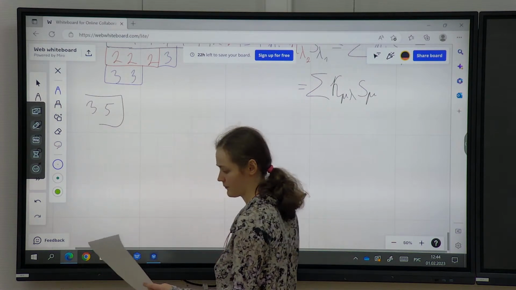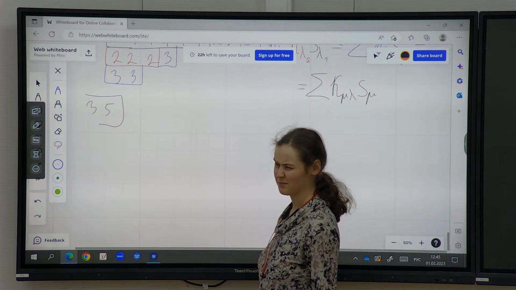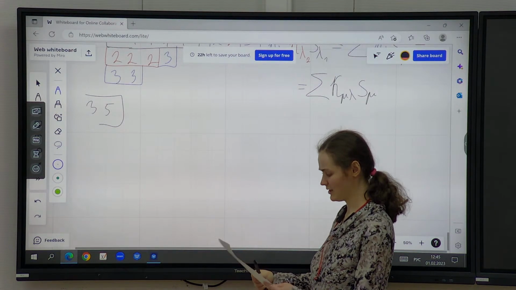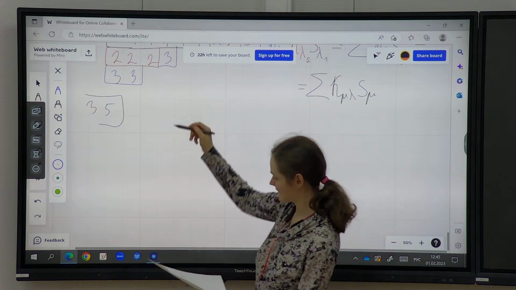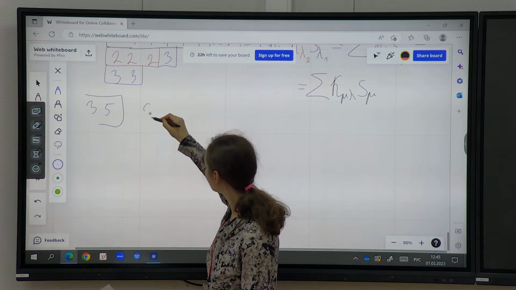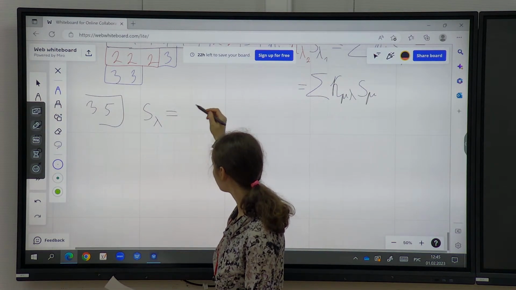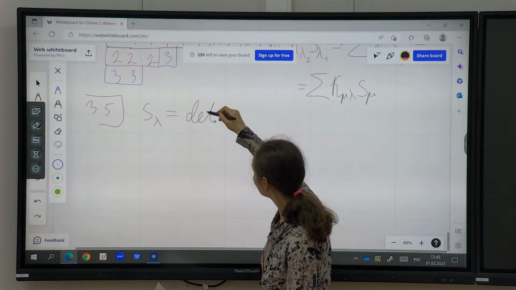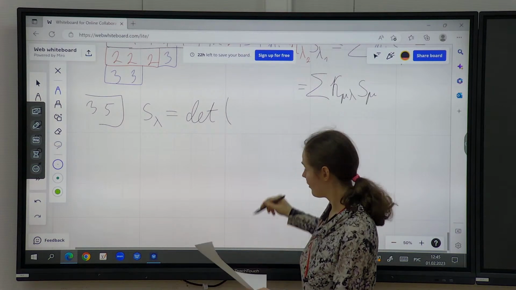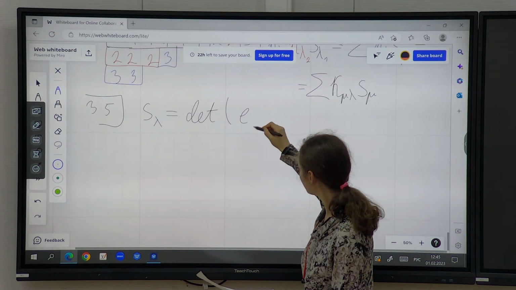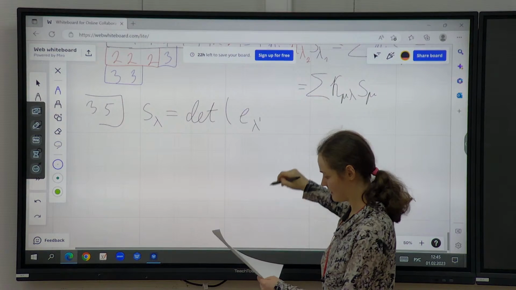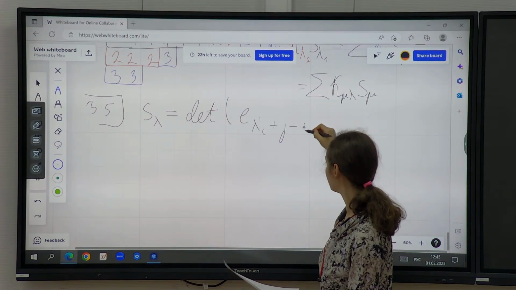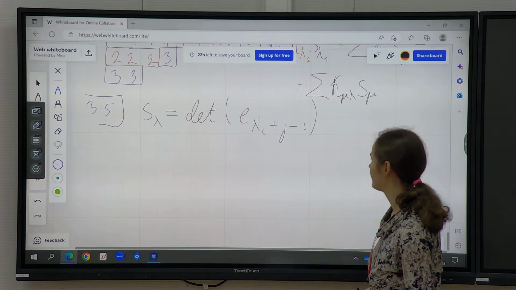So we know that Schur polynomials can be computed as determinant of h's, and it appears that it can also be computed as determinant of e's, but for conjugate lambdas, equals e of lambda i prime minus i plus j.